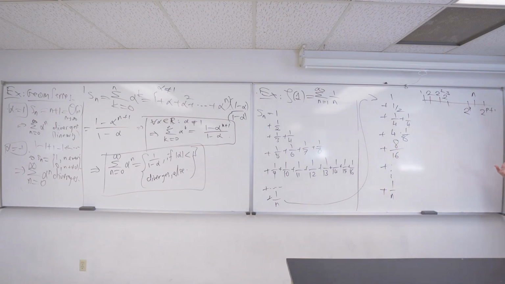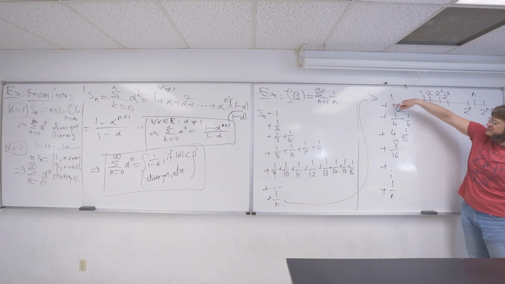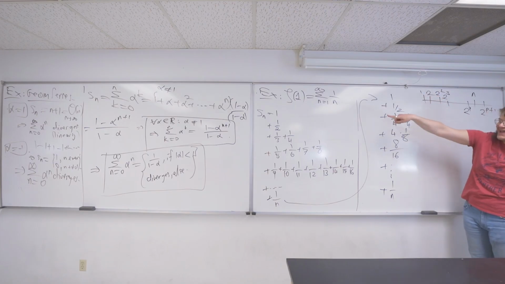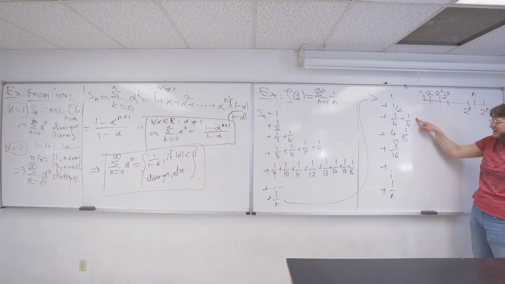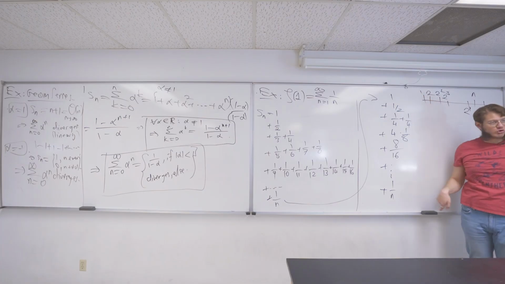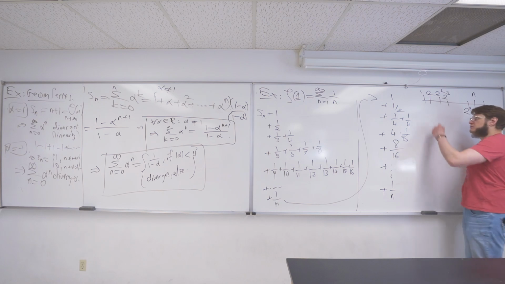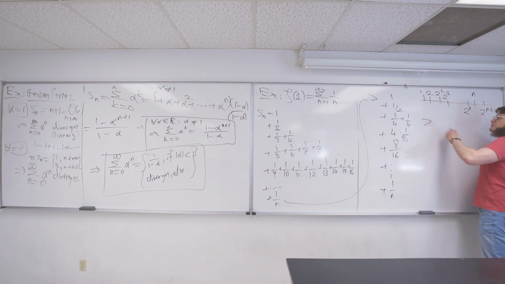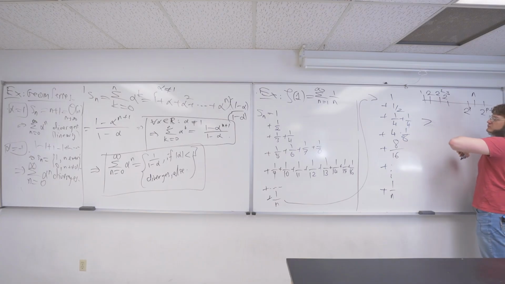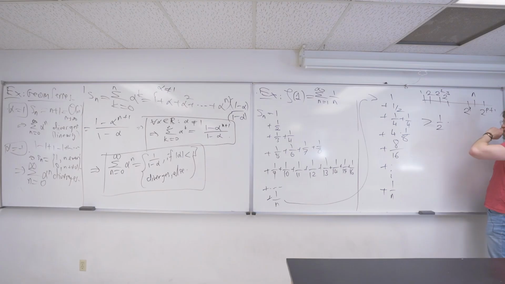What is the point of doing this? Well, note that this gives me a lower bound on the nth partial sum as 1 plus 1/2 plus 1/2 plus 1/2 plus 1/2 and so on, p many times. So at the very least, 1/2 times p, where p is a function of n if you want.